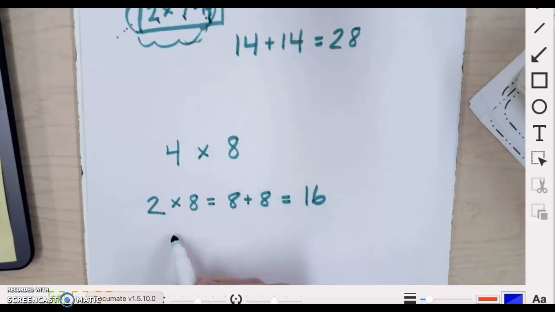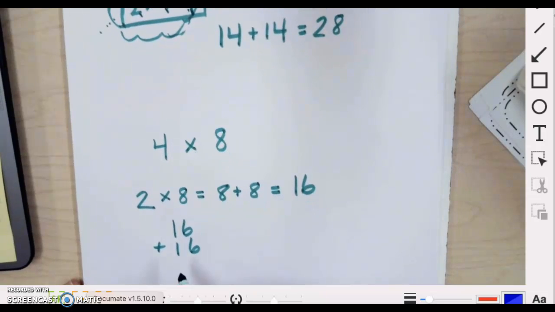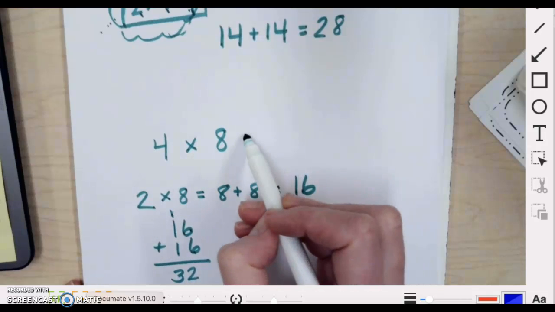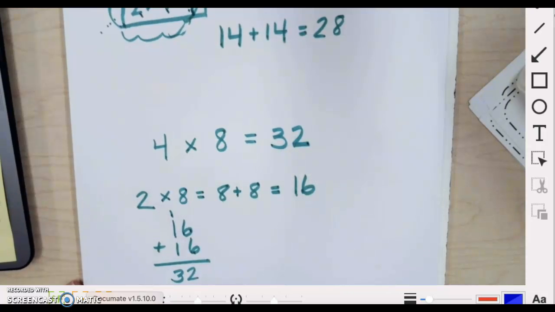So 16 plus 16 is going to give me 4 times 8. 6 plus 6 is 12, 1 plus 1 plus 1 is 3. So 16 plus 16 is 32. So 4 times 8 is 32.